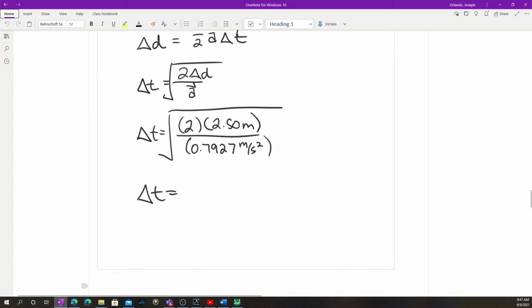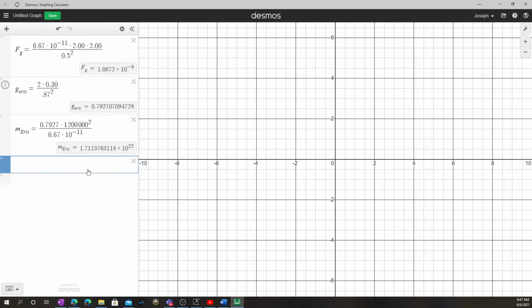And so if we do that, we can get our number. So let's pull up Desmos, and we can say time of drop is going to be the square root of 2 times 2.5 meters divided by 0.7927 meters per second squared.